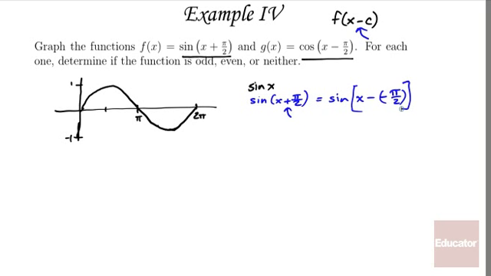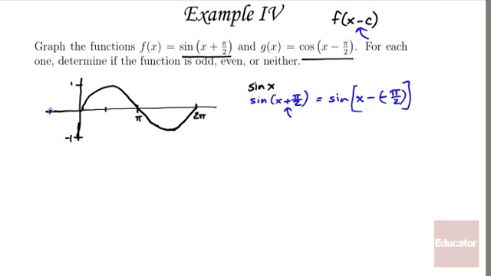So it moves the graph over negative pi over 2 units, which means it moves it to the left pi over 2 units. So I'm going to take this graph and move it over to the left pi over 2 units.